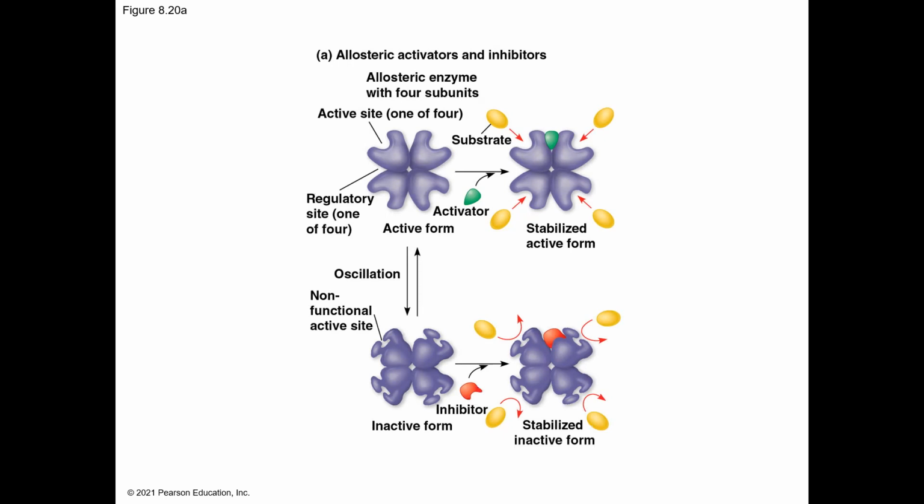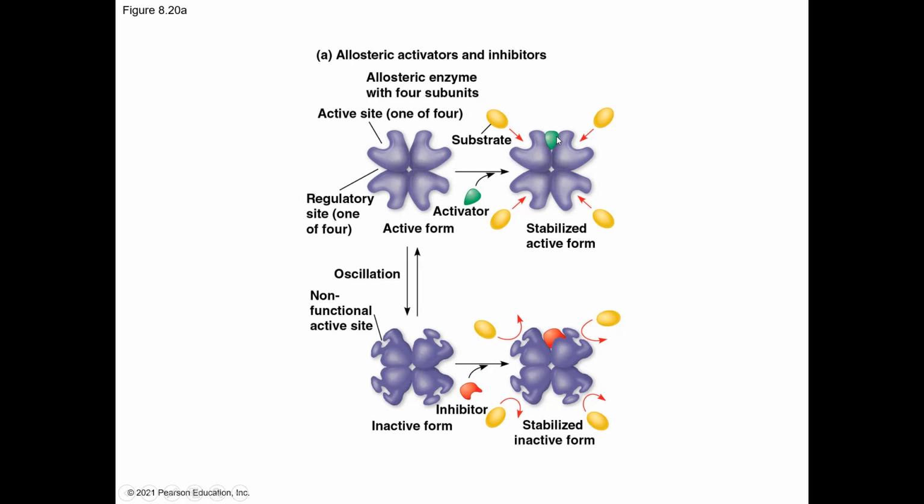So for example, in the top form here, you have four active sites and you have a regulatory site. And so it can oscillate between a functioning form and an inactive form, depending on if it has an activator or an inhibitor.